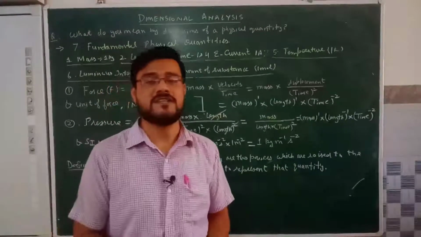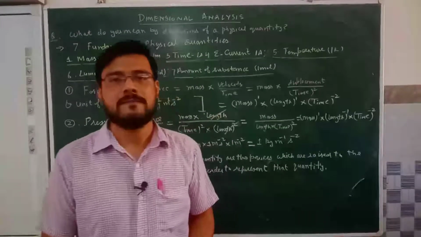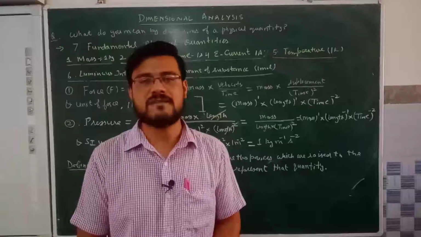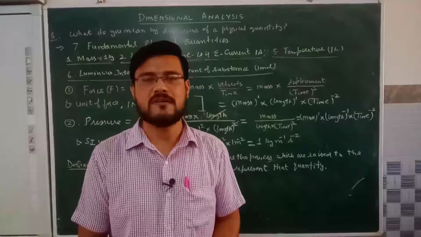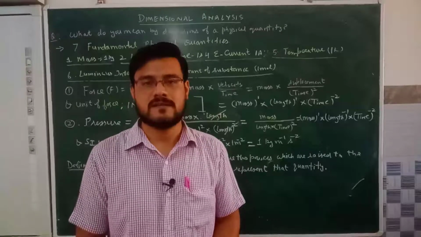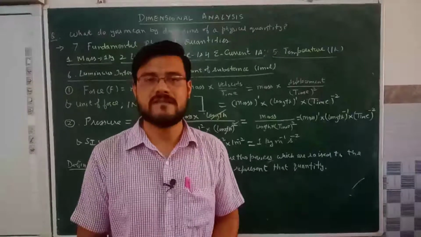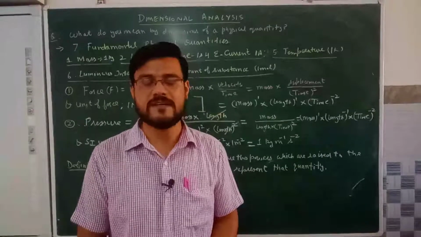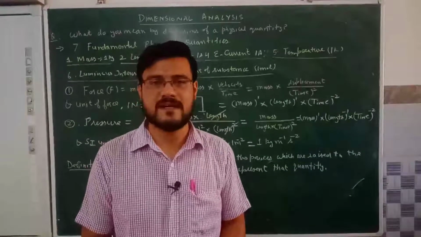So dimensions of a physical quantity means breaking down a given derived physical quantity in terms of a suitable number of fundamental physical quantities, and then finding the powers of each of them. Those powers we call the dimensions.